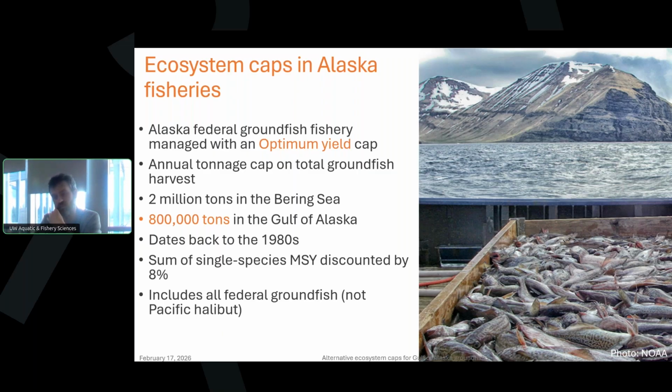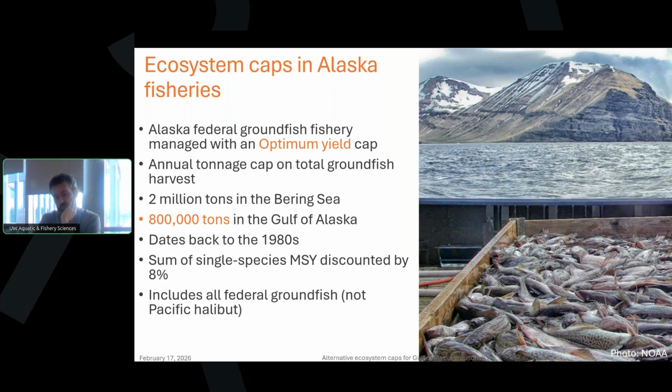And one of the ways that they try to accomplish this is by imposing these ecosystem caps. Today I'll be talking about caps in terms of an upper limit to catch. This is actually a range for those that care, in both the Bering Sea and the Gulf of Alaska.